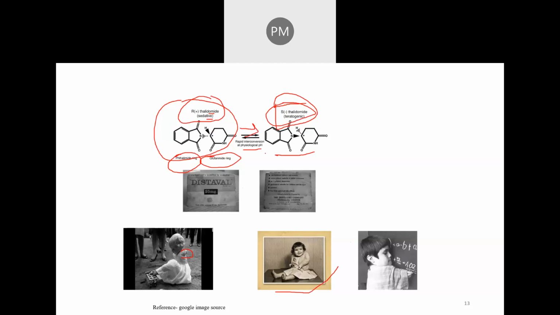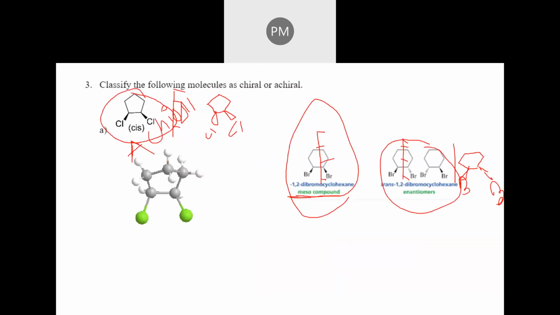If that happens and we use it as a drug, we have to be careful about which isomer we use and whether it is stable. So we have to know the application of chiral molecules as drugs, and also their stability.